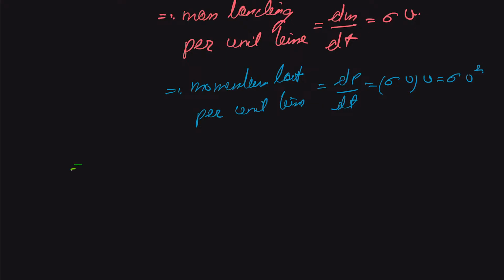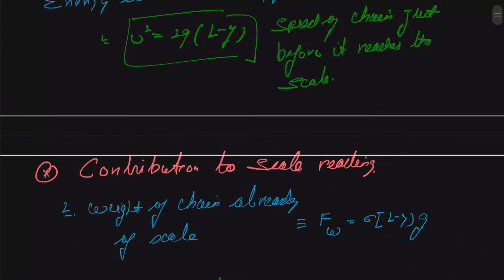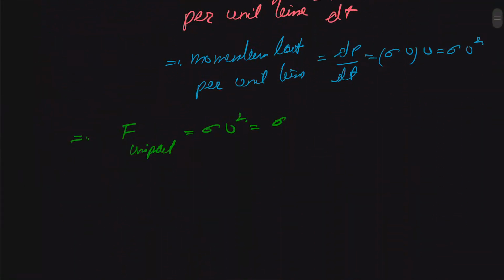Therefore we can say that force on the impact will be equal to sigma v square. And if we substitute the value of v square, which was 2g(L minus y), this comes at 2 sigma g (L minus y).